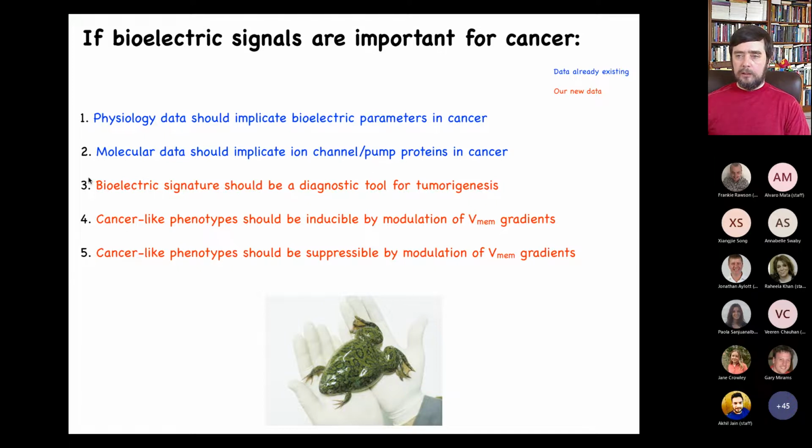And then you want to be able to use this bioelectric signature as a tool to observe nascent tumorigenesis. You want to be able to show that you can actually induce that kind of phenotype without genetic damage by modulating voltage gradients. And then most important of all, you want to be able to suppress or reverse the cancer phenotype with that strategy. This I've already shown you. We've already sort of looked at that.